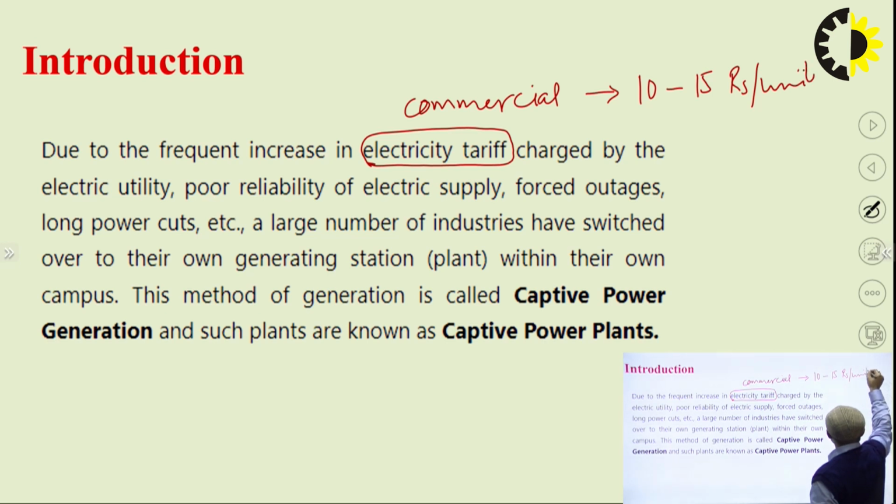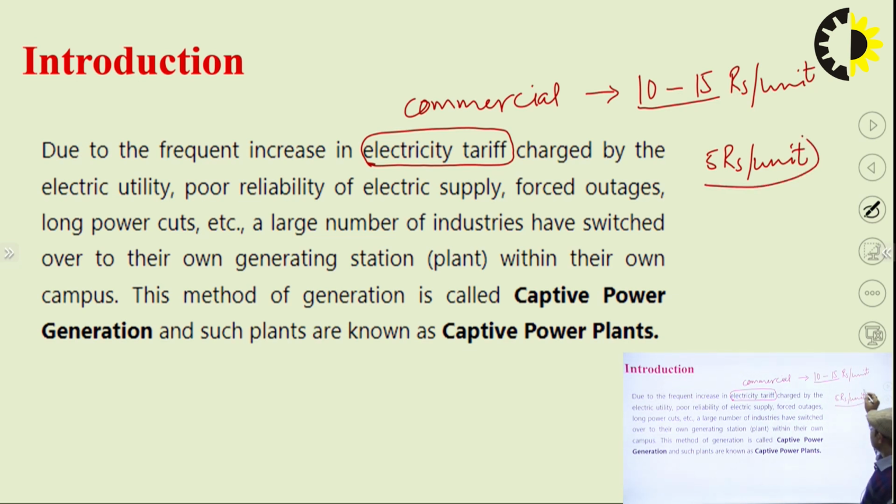But when we generate our own power, it could be as low as 5 rupees per unit. So there is a large gap between the rates of the power supplied by the DISCOMs and the captive power plant which you set up in your own area.